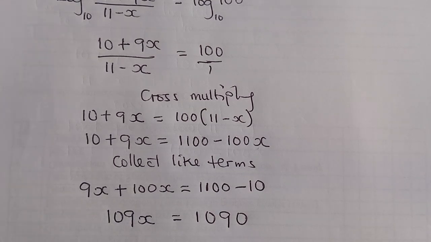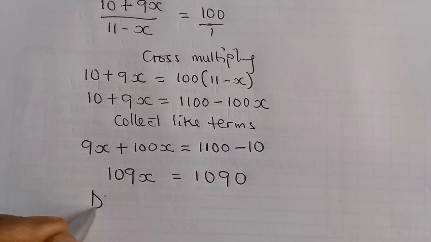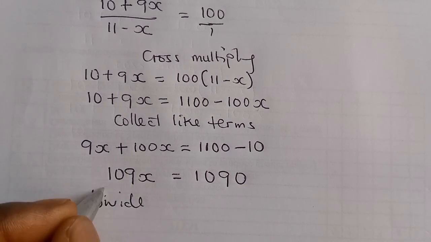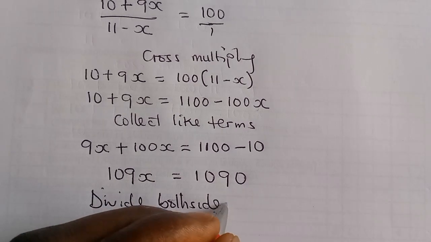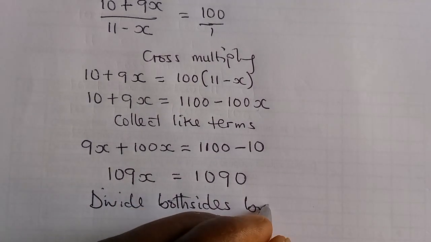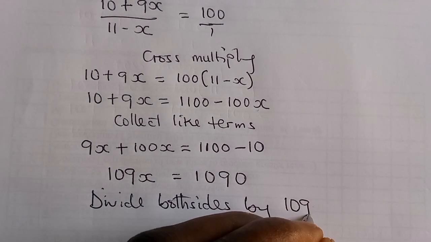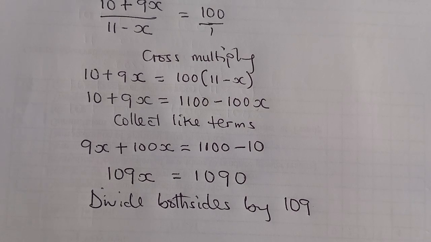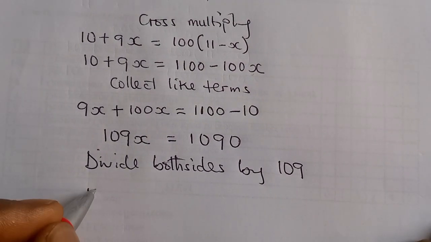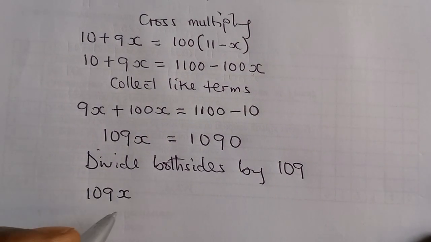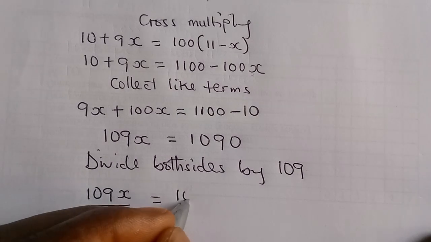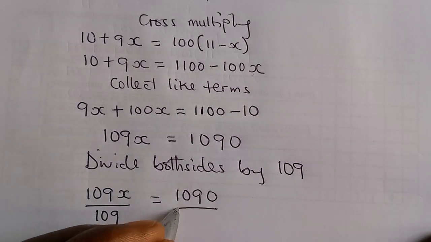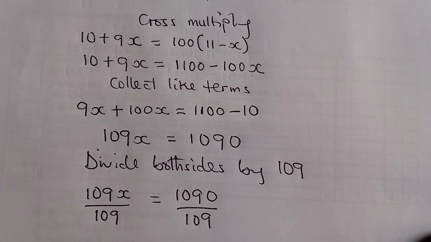Next, we are going to divide both sides by 109. That is 109x divided by 109 equal to 1090 divided by 109.